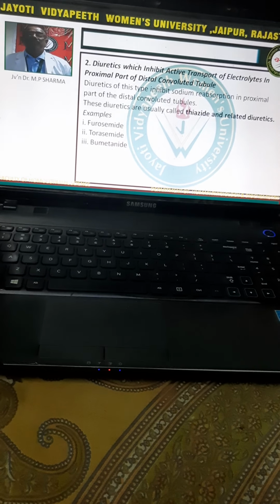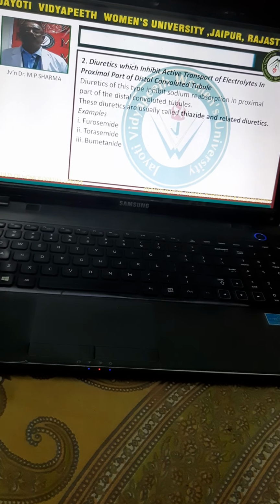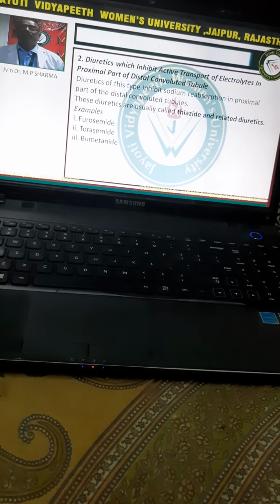So the medullary interstitium fails to concentrate the urine, resulting in diuresis.